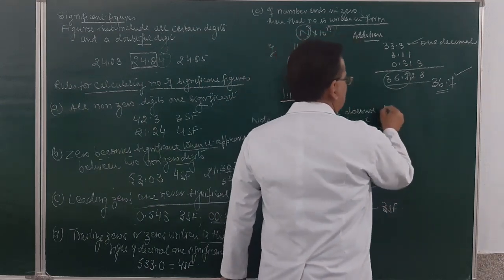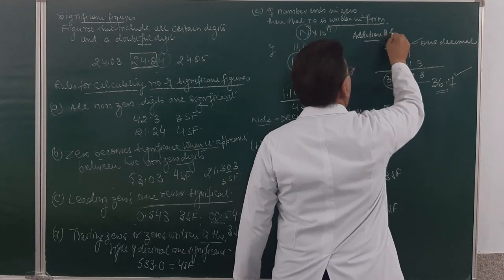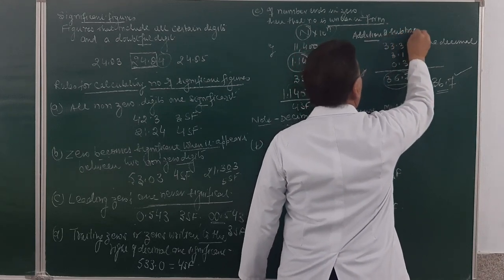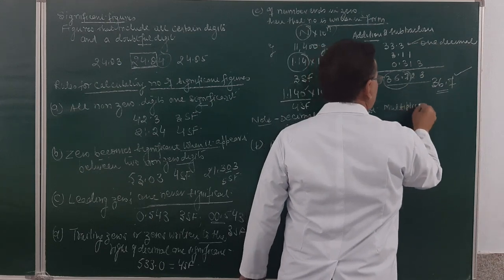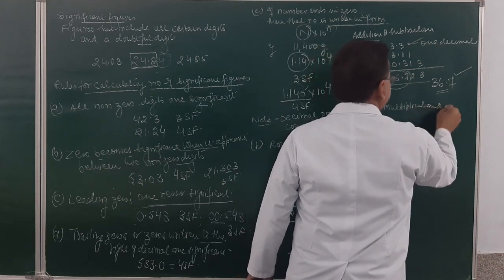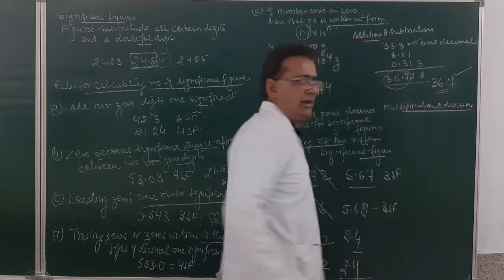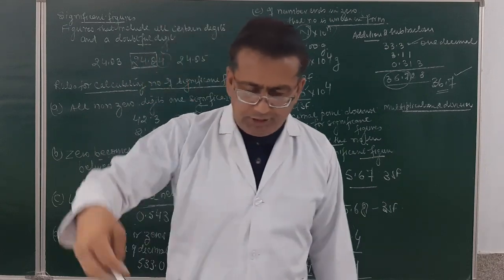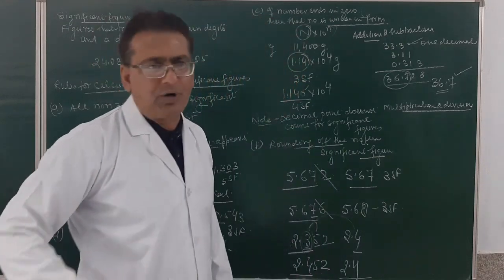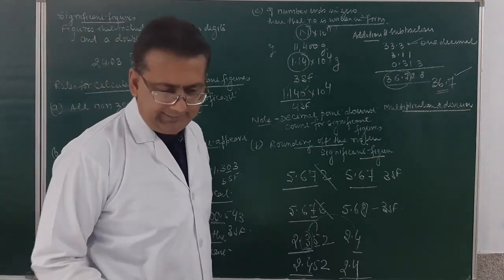This was addition and subtraction; the rule was to be applied for addition and subtraction. Then multiplication and division. Remember, student, the result of multiplication and division is to be reported to the same number of significant figures as were present in the least precise term.